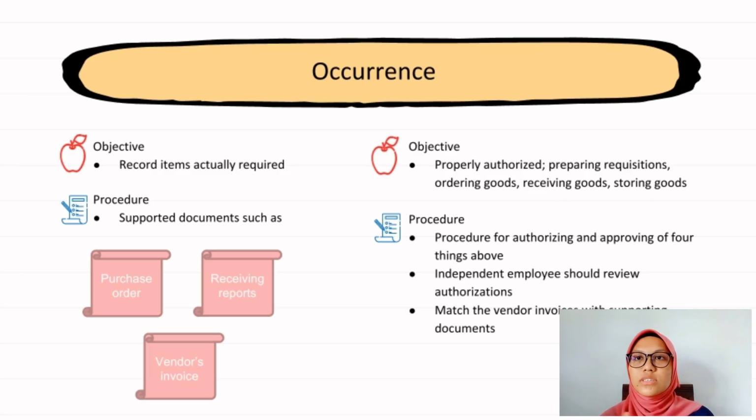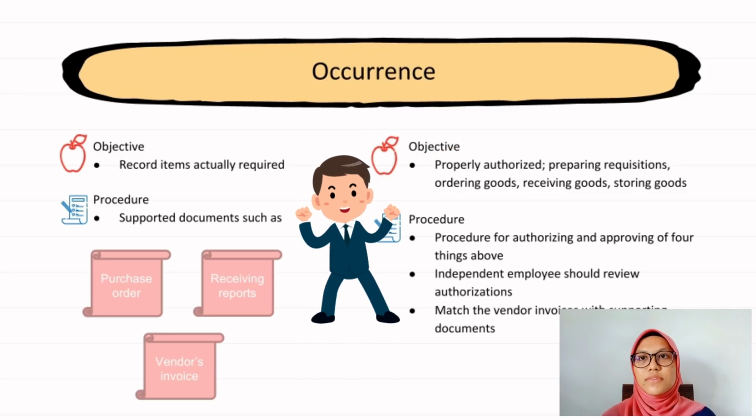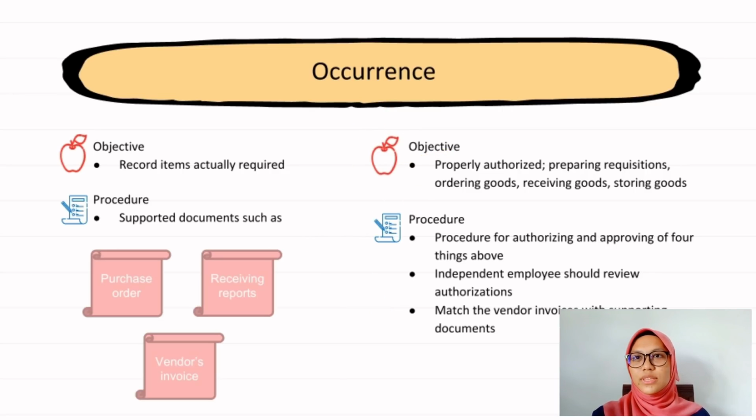There should be procedures for authorizing and approving requisitions, purchase orders including price and terms, receipt of goods, and transfer of goods to inventory. These procedures are done by an independent employee that reviews the authorization and matches the vendor invoice with supporting documents. Supporting documents is what I have mentioned before.